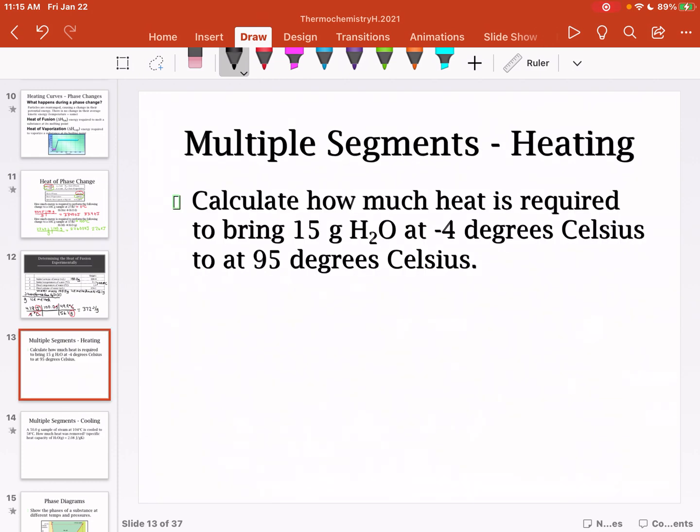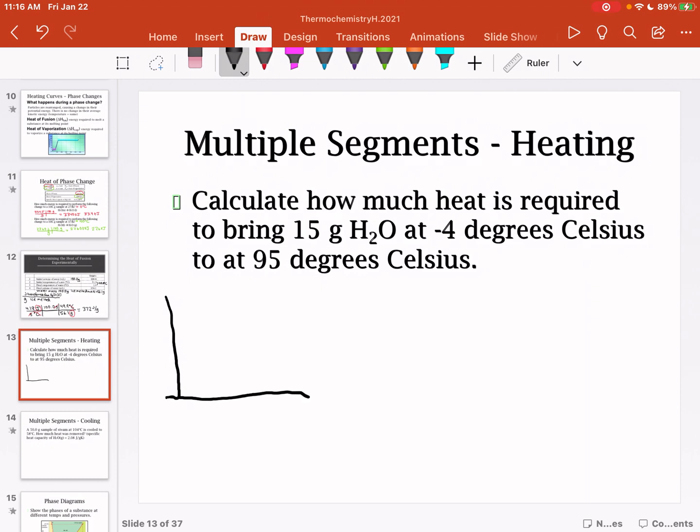Let's consider our heating curve when we have to use multiple segments of our heating curve. We have a story here. We want to calculate how much heat is required to bring 15 grams of water at -4 degrees Celsius to 95 degrees Celsius.